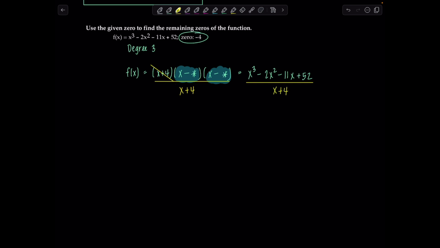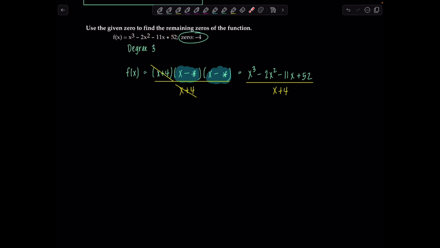These would cancel. And then the quotient here would be degree 2, and it'll either factor beautifully or I can go in and use the quadratic formula and extract them. So basically when you're given a zero, what you want to do is divide whatever factor that polynomial has based on the zero into the original.